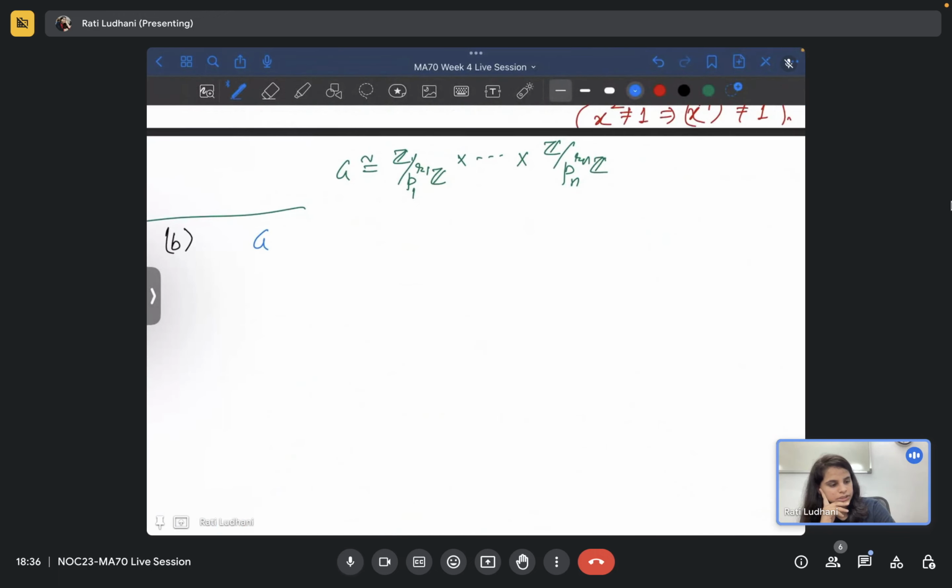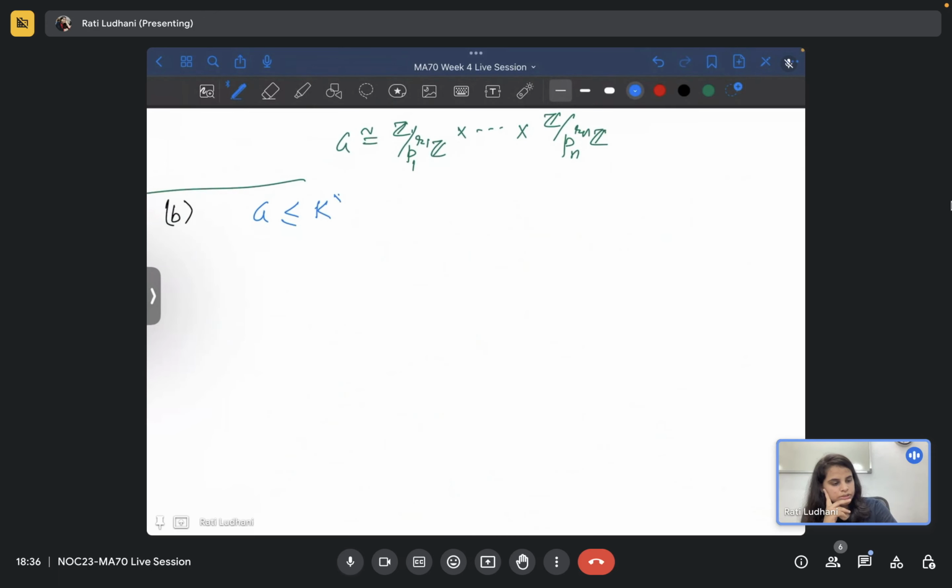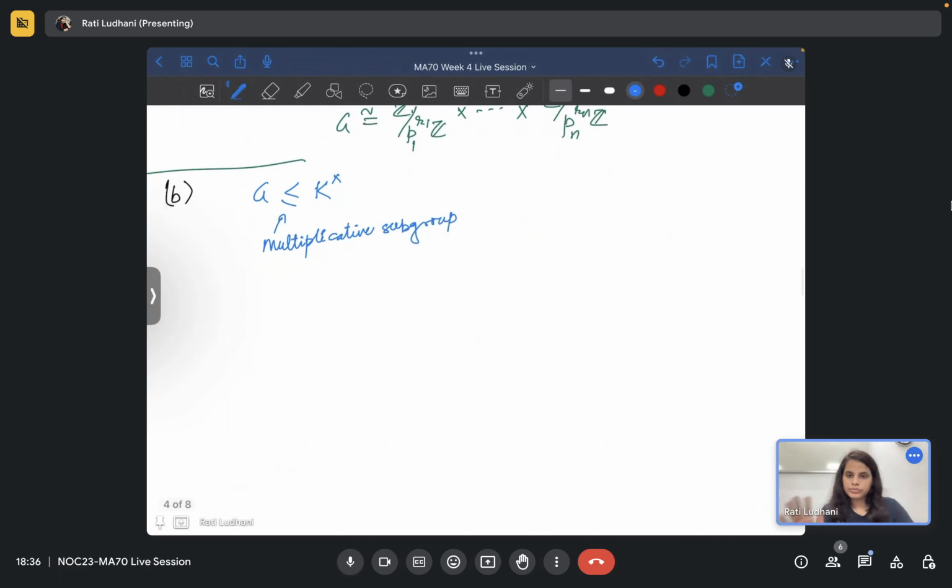So G is a multiplicative subgroup of K cross. We don't know if K is finite or not, but we do know that G is a finite subgroup, where K is a field. Maybe K is infinite. We don't know about its finiteness or infiniteness. So this is the condition we know.